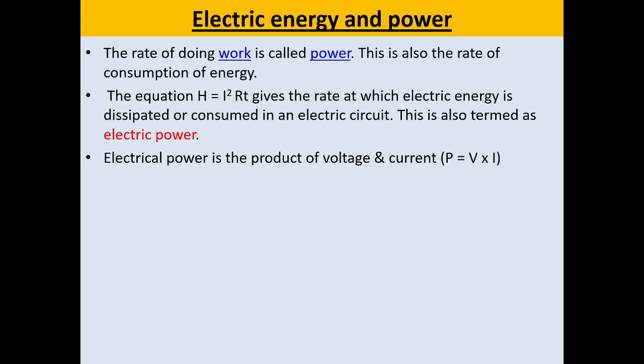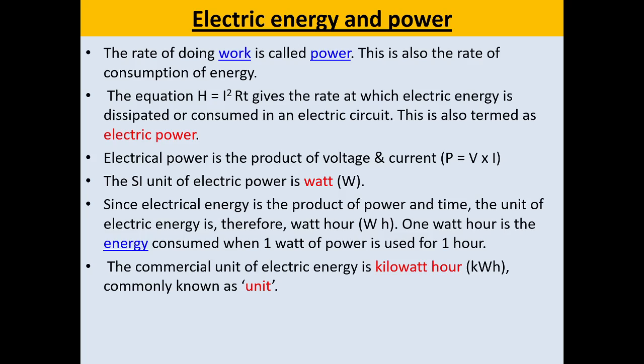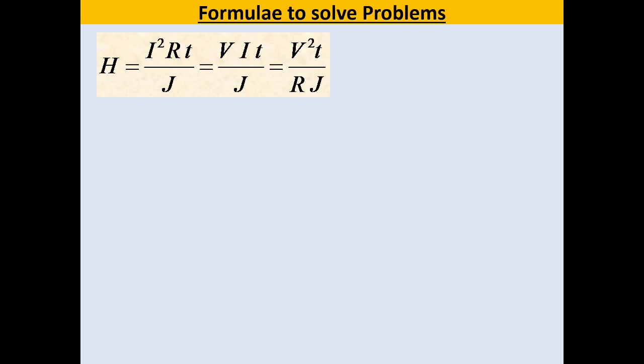Electric power is defined as the product of voltage and current, that is P is equal to V into I. The SI unit of electric power is watt. Since electric energy is the product of power and time, the unit of electric energy is watt hour. 1 watt hour is the energy consumed when 1 watt of power is used for 1 hour. And the commercial unit of electric energy is kilowatt hour, which is commonly known as unit.